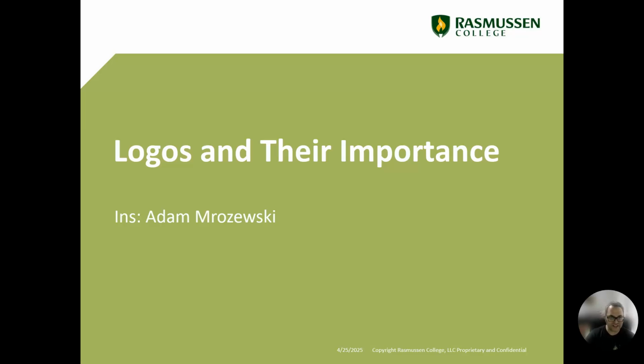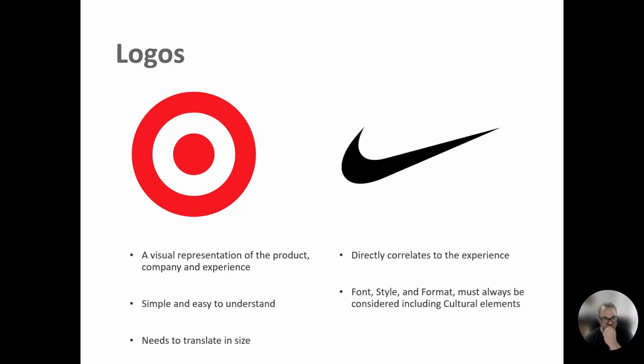There's a lot of different techniques to really add to logos. Now, logos are a visual representation of the product company experience. They need to be simple and easy to understand. They need to translate sizes in any shape or form. So from as small as an Apple Watch to as big as a billboard, they need to be understood in more ways and in any typical sizes. And it has to directly correlate to that experience, right?